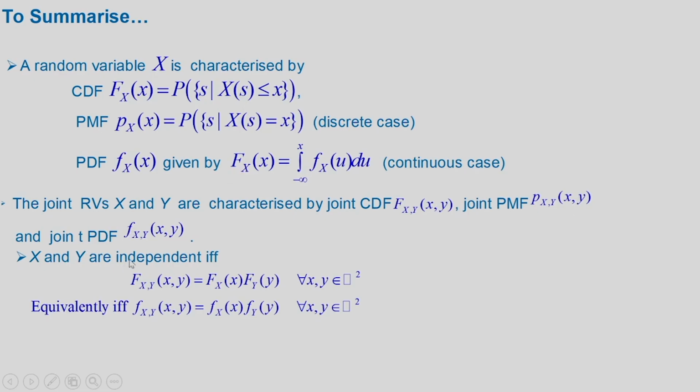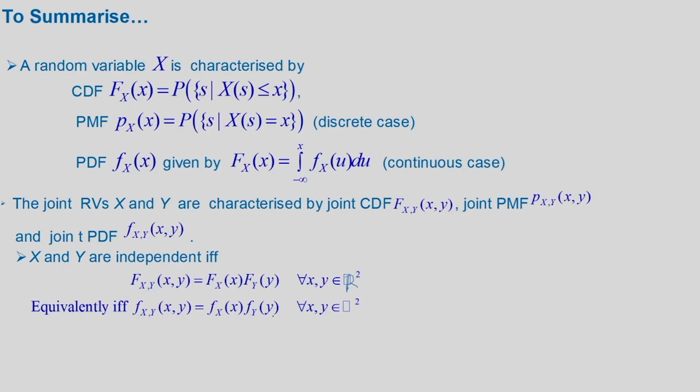And we introduced one very important concept: x and y are independent if and only if the joint CDF is equal to the product of marginal CDFs for all x, y belonging to R2. Similarly, the same can be defined in terms of joint PDF.